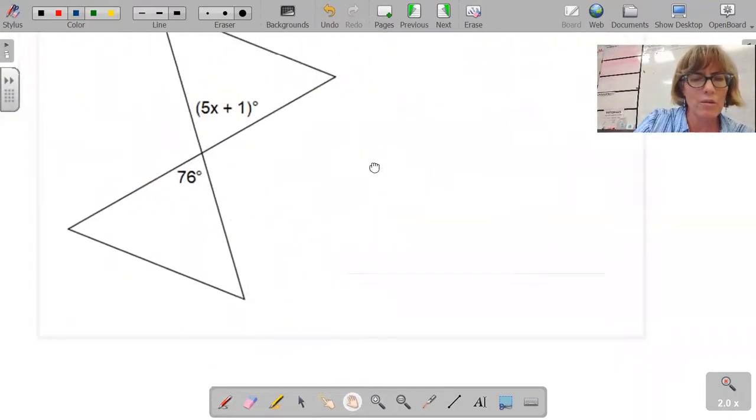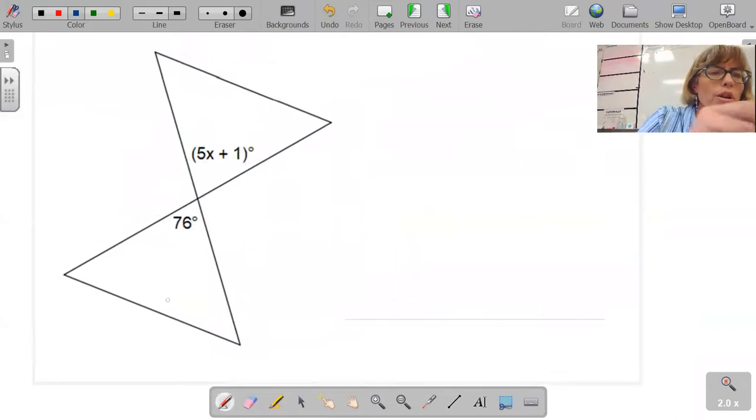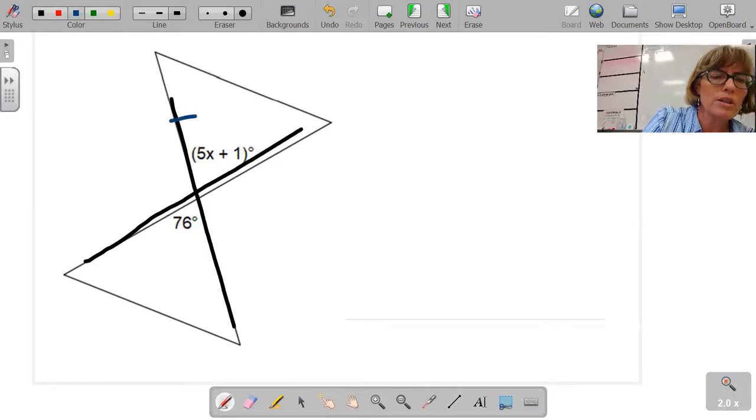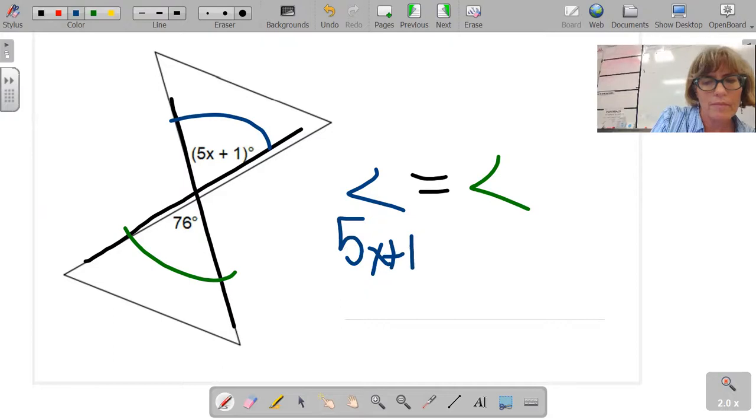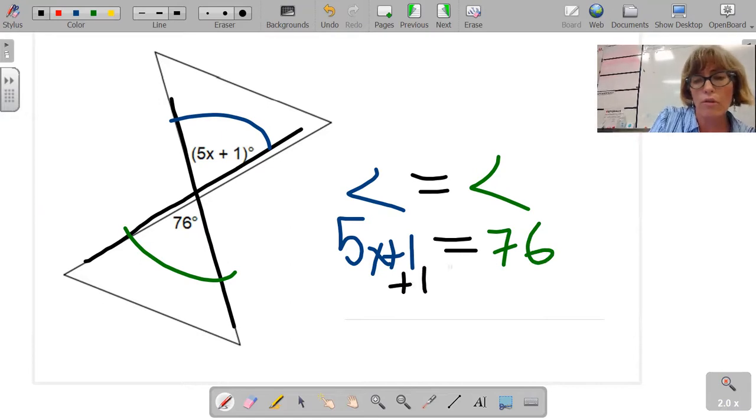Coming down here, what's true here? I have two straight lines, which means in this case, my blue angle and my green angle are of equal measure. So you solve, excuse me, that's not plus, that's minus.